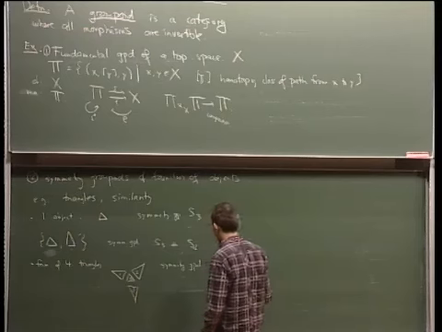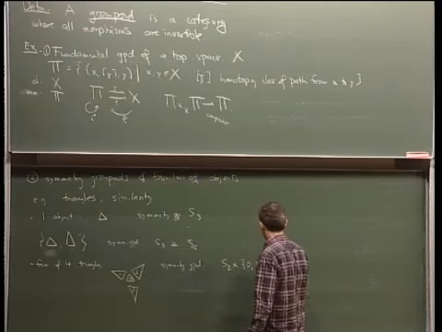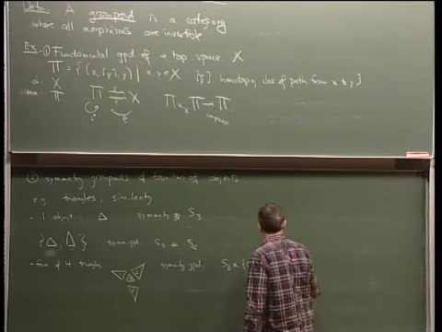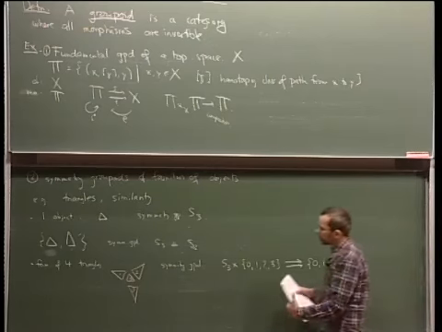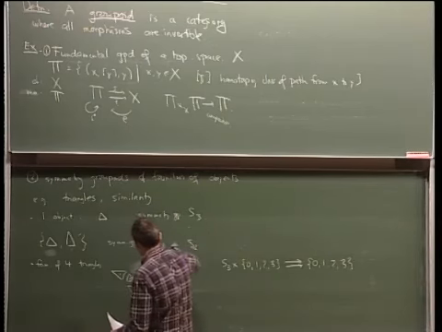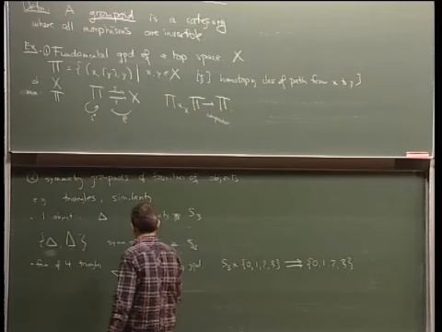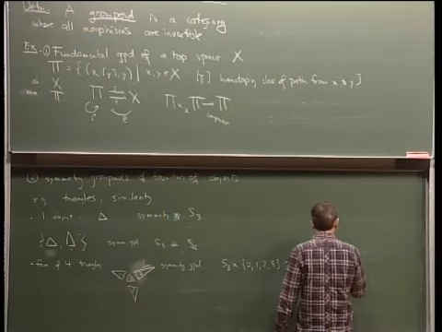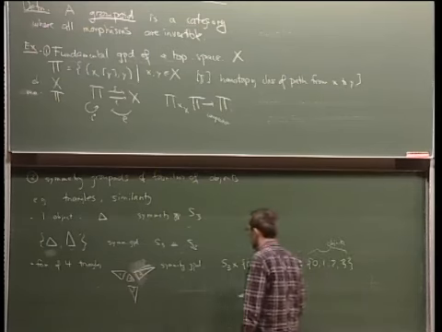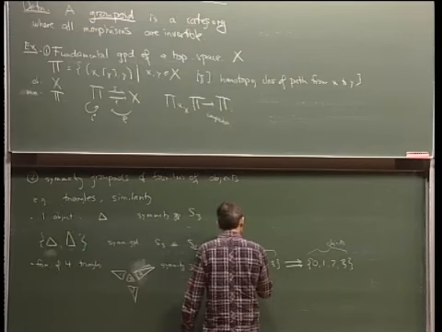I have four objects. Sorry, this is supposed to look symmetric. This is the set of objects in my groupoid, these four triangles, and these are all the morphisms.